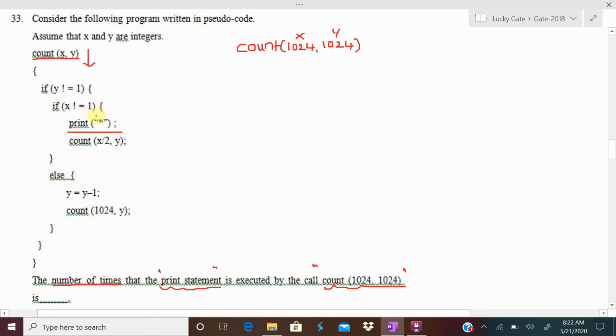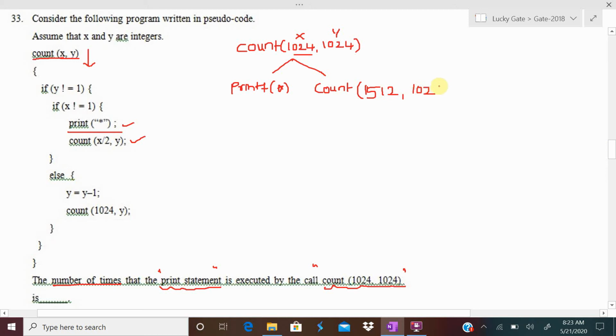Both conditions are true, so for the first time it prints star. After print, there is a statement count of x by 2. What is x? 1024. So 1024 by 2 is 512. Y value is not changing.